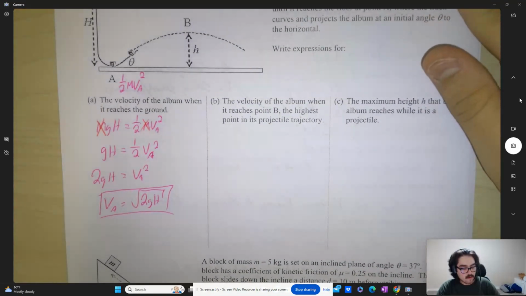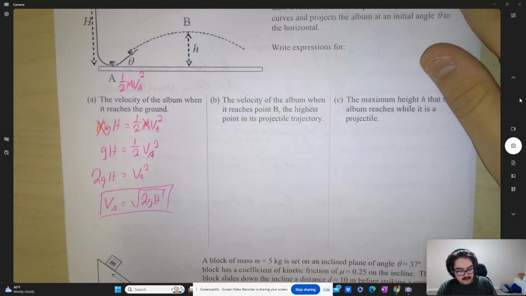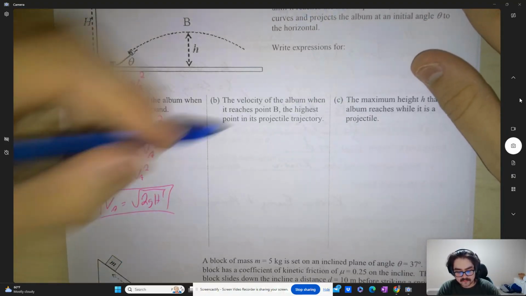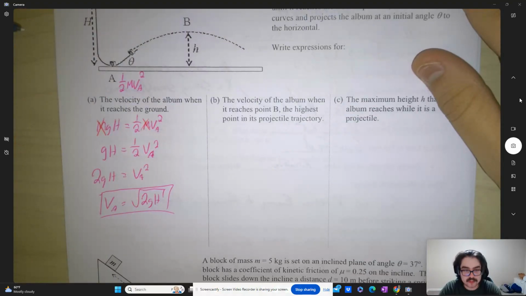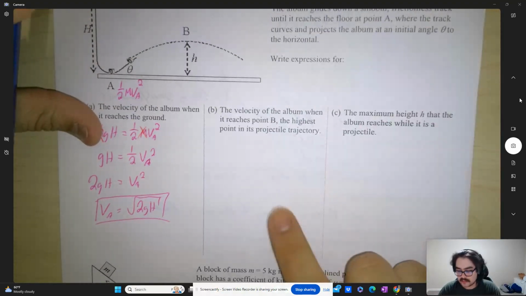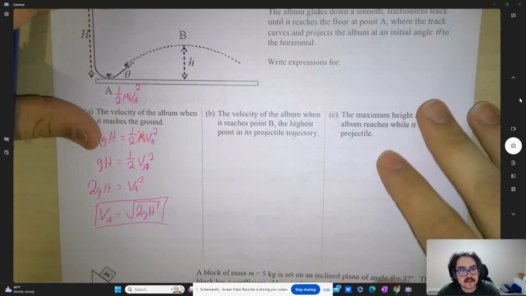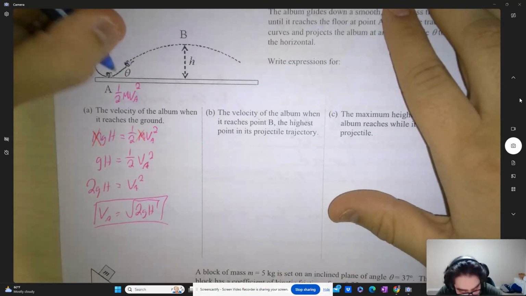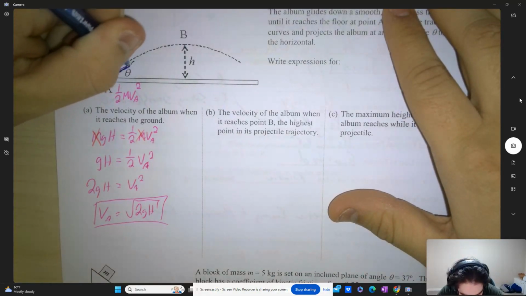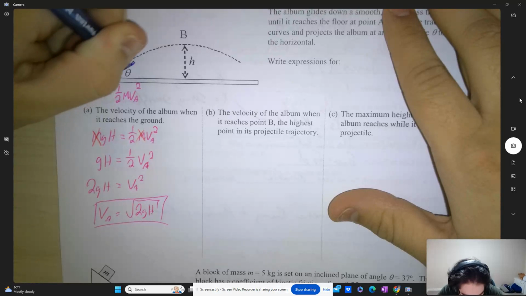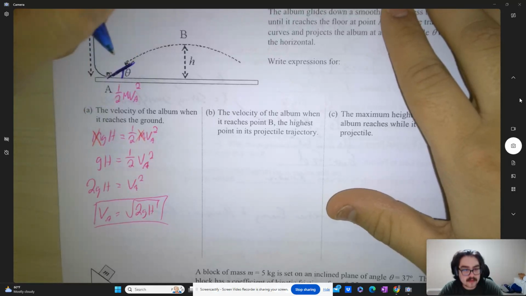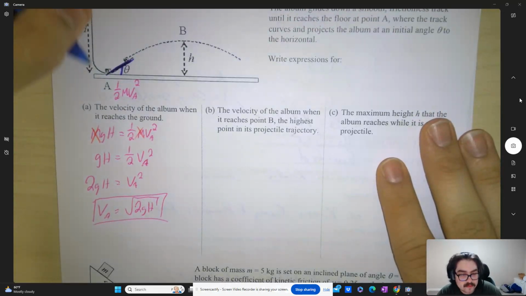Now, the velocity of the album when it reaches point B, the highest point in the projectile trajectory. You actually don't really need to do much math for this. It's important to note that this is basically the same as launching off of a cannon.